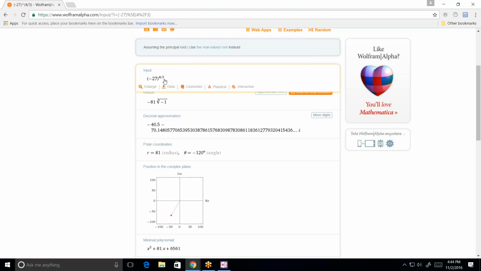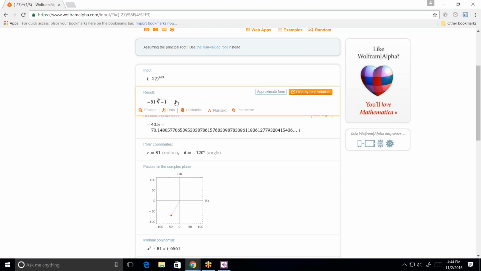It does not give us 81. In other words, it does not give us -3 to the 4th power. Here's the result. It's -81 times the cube root of -1. Well, you would think that would be -1 times -81, so you get 81 as a power.